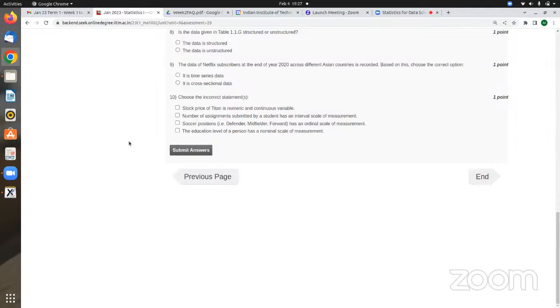After SSC, we'll go to HSC, like 10 standard, then 10 plus 2, then any bachelor's program, then any master's program, then we'll go for higher studies, like PhDs or something else. So there is a hierarchy in that, there is an order in that. Hence education level of a person should have order. So it should be an ordinal scale of measure. Right? Okay.